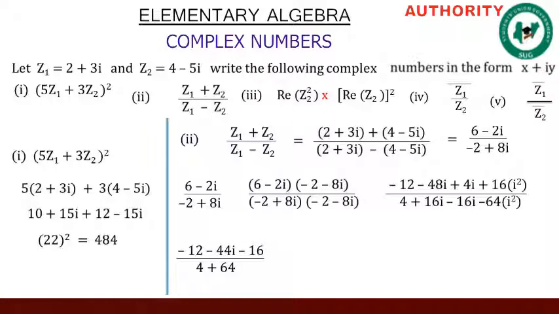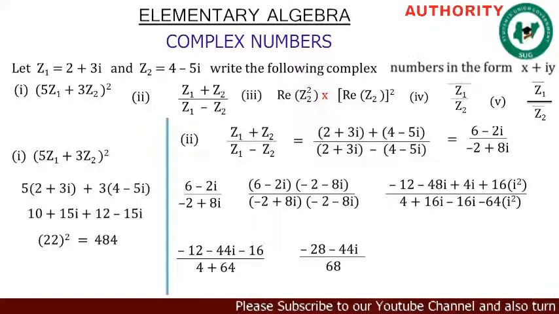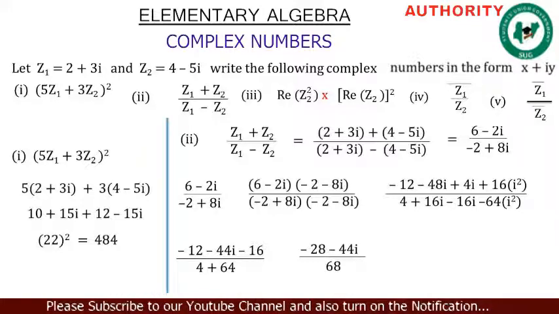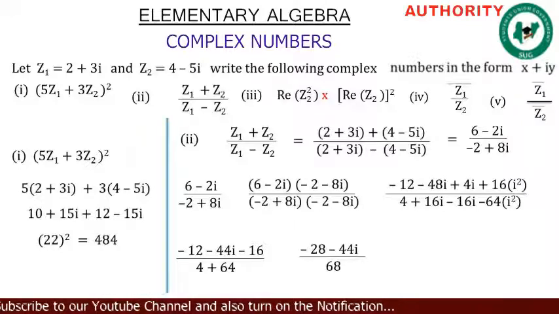Now minus 12 minus 16 gives us minus 28, then we have minus 44i, all over 4 plus 64 which gives us 68. So we have minus 28 minus 44i all over 68. From our question, we are asked to write it in the form x plus iy. As it is like this, it is not in x plus iy form.